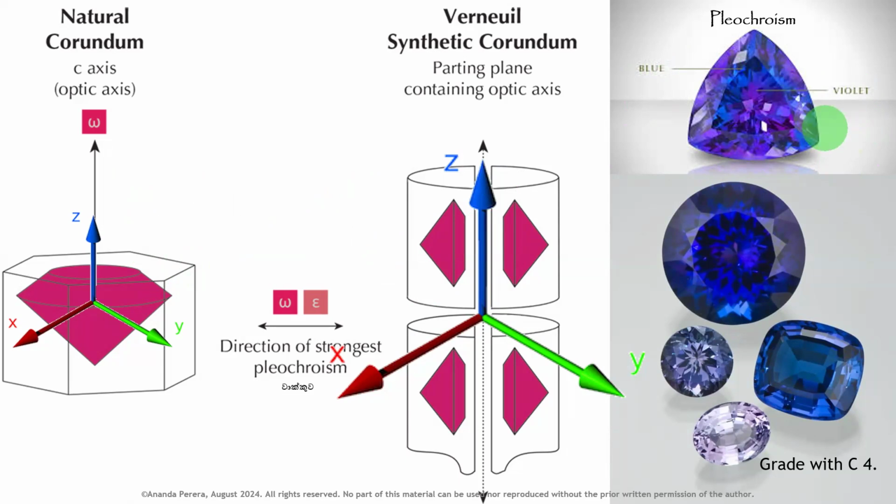Because this is a trichroic gemstone. See the colors. Tanzanite is always graded with the 4Cs, like a diamond. Diamonds are graded with the 4Cs, and after the diamond, the main stone graded with the 4Cs is this Tanzanite.